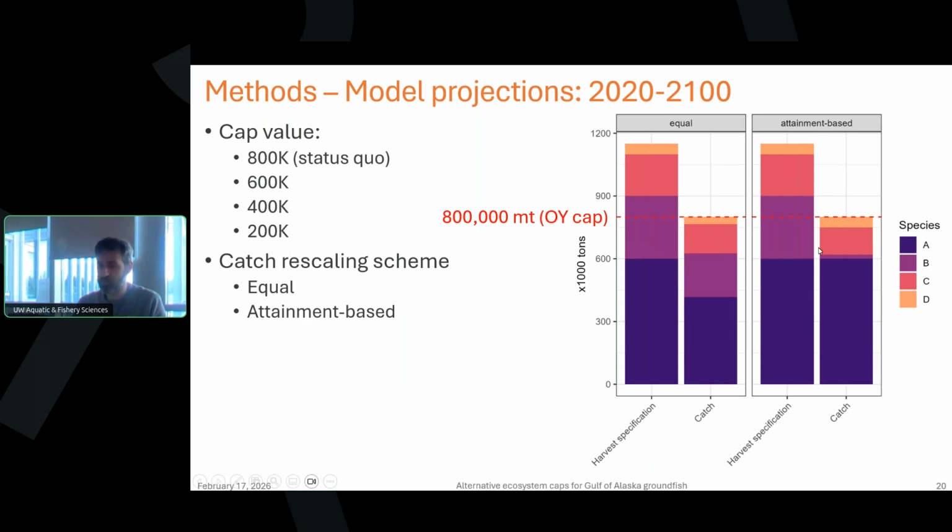And then you have 2 other species that you're not targeting or are not as valuable to the fishery for whatever reason, so you can sacrifice those.